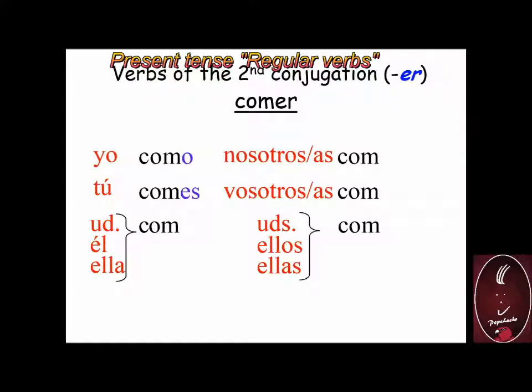O, es, e, emos, éis, en. What is the emphasis? Yo como, tú comes, usted, él, ella come, nosotros, nosotras comemos, vosotros, vosotras coméis, ustedes, ellos, ellas comen.